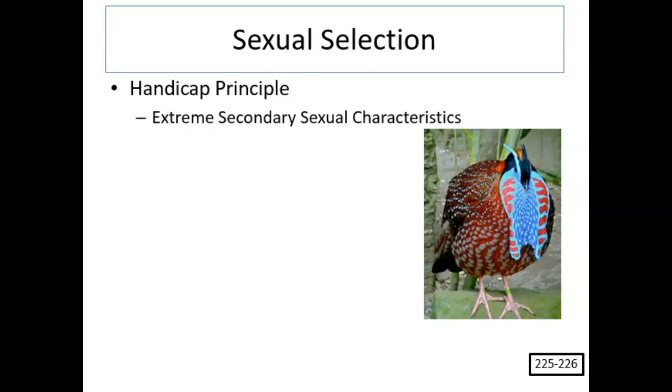I mean, look at that ridiculous thing, right? He's got this huge blue thing on the front of his face, and it seems like it's really likely to attract things like predators. Well, to a female, though, maybe that says, hey, that male's really been able to put a lot into it. He's been able to invest a lot into that characteristic.